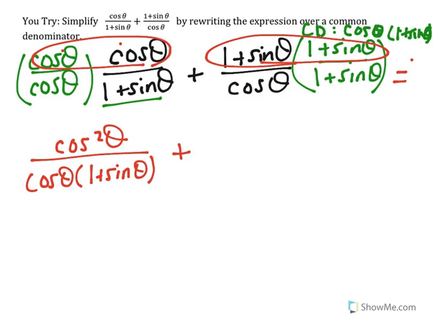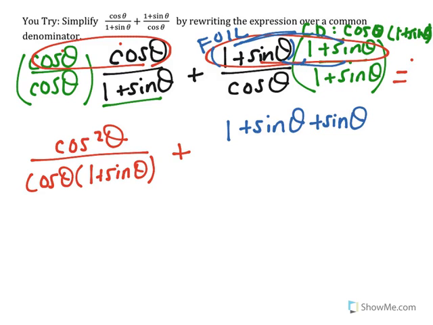Plus, now on the right side, again, I'm going to FOIL. 1 times 1 is 1. First terms, outer terms, plus sine of theta, inner terms, plus sine of theta, last terms, plus sine squared theta. Again, over that same common denominator.